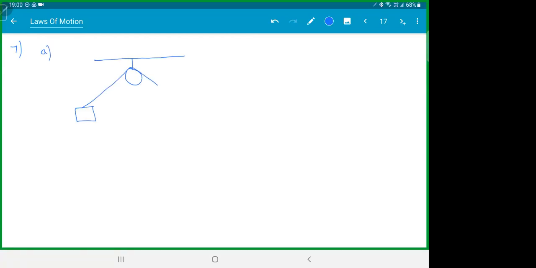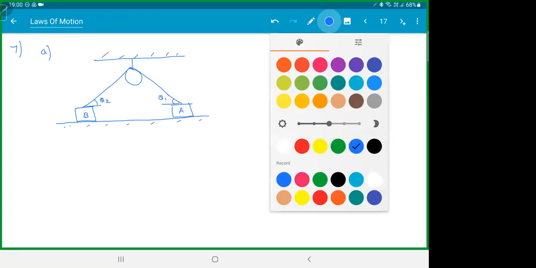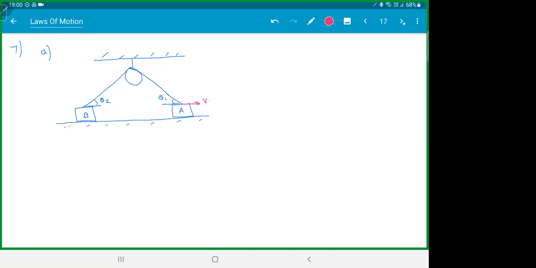Let's say we have a block here. We have a block here. Let's say this is A, this is B, this is theta 2, and this is theta 1. This is going with VA, this is going with VB.